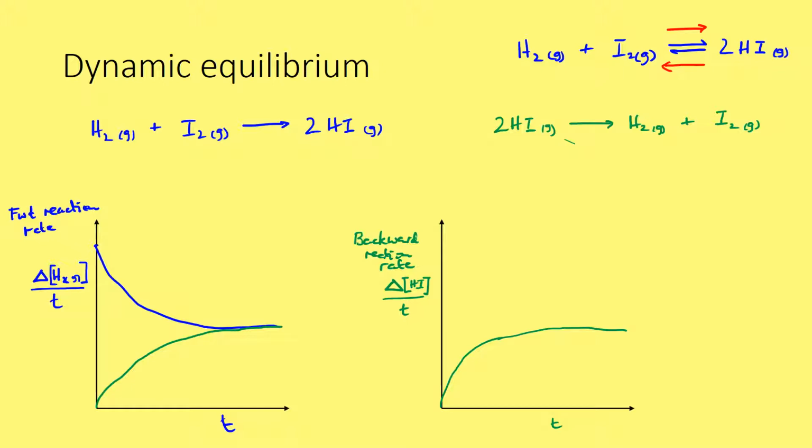Such that after a particular time, let's draw our dotted line down. After a particular time, the forward reaction rate is the same as the backward reaction rate, and let's annotate that little point in time there, that is when equilibrium is reached.